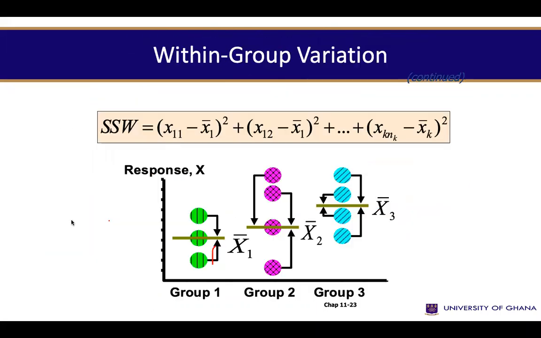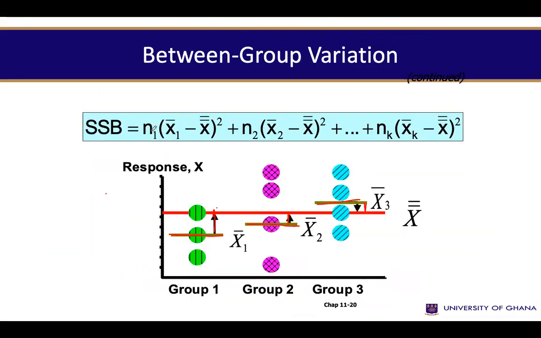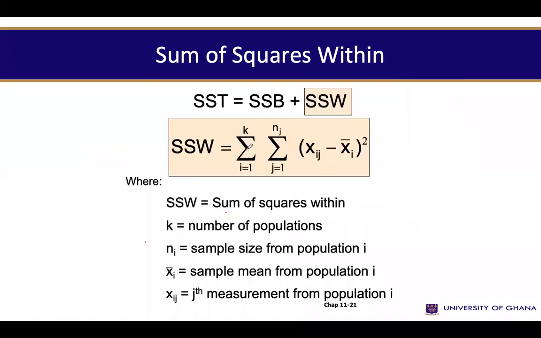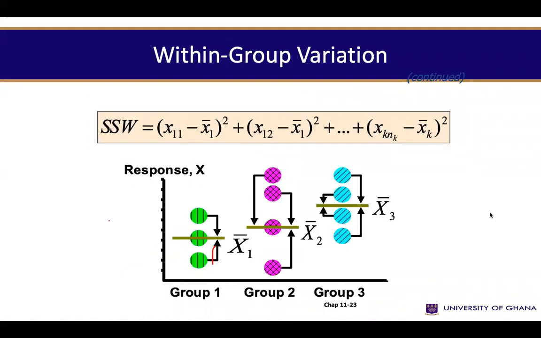If you check what I said, the SSB is calculated by the difference between the respective group means and the grand mean, and it's weighted by the sample size. So actually, the 5 was the sample size of the various groups. But because each group had the same sample size, it was easy to bring it outside. You get it now? Okay. Thank you, sir.